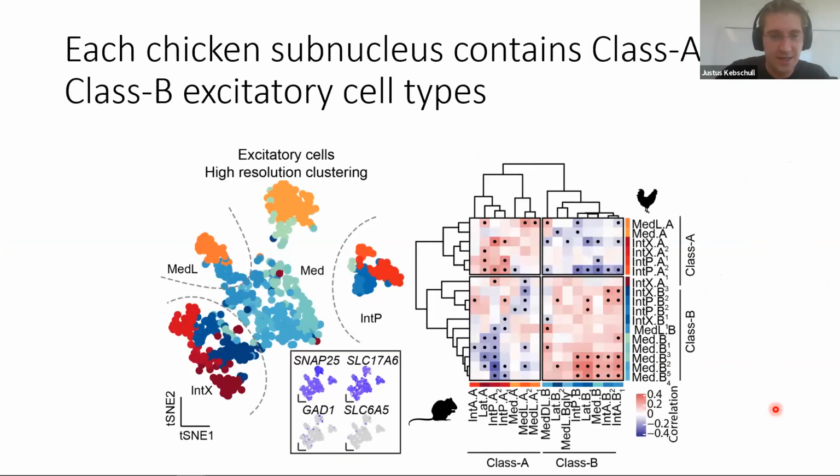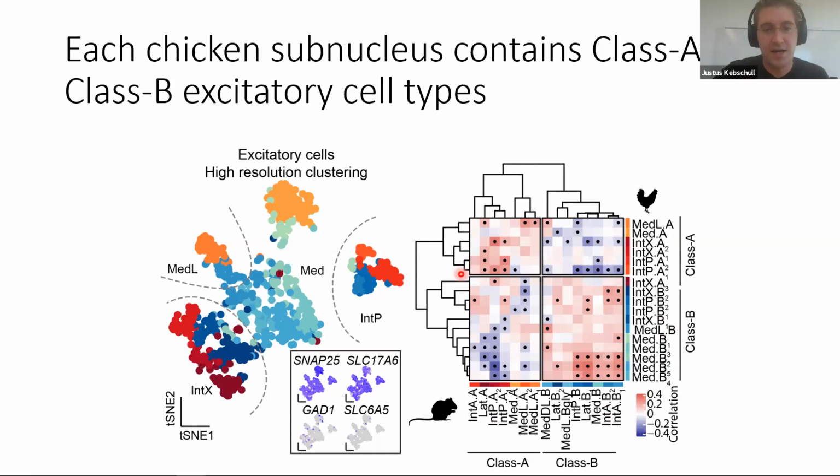When we cluster the same excitatory cells at a much higher resolution, to match the resolution that we looked at in the mouse, what we find is that we got a lot more cell types, about 17. And when we correlate these cell types to the mouse cell types, we find that in the chicken, we have some cell types that are highly correlated to class A mouse cells and anti-correlated to class B mouse cells, and vice versa, so that we actually seem to have this A versus B distinction in the excitatory cells in the chicken as well.